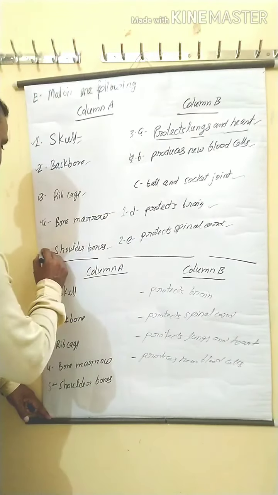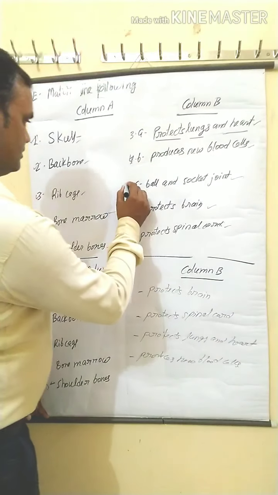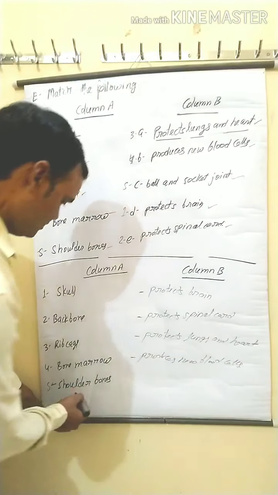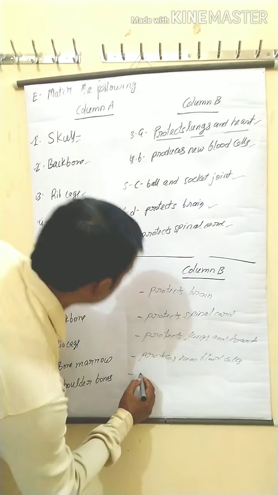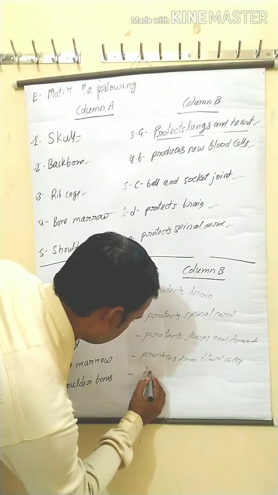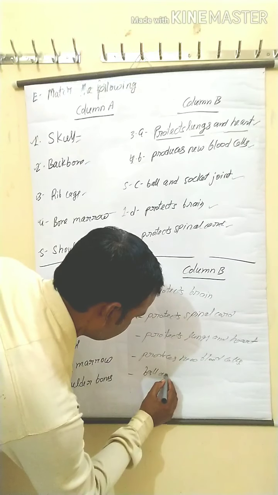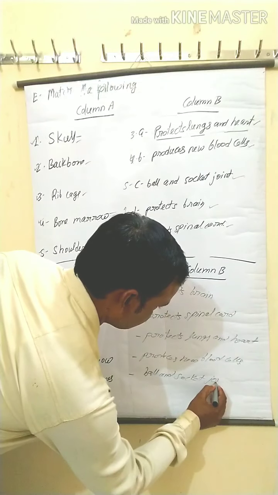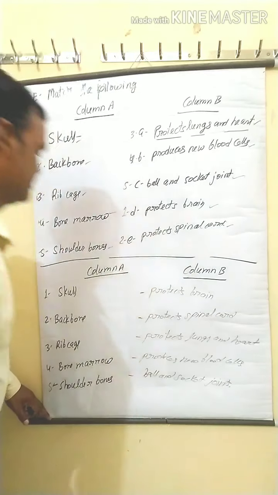And last here, shoulder bone. You know that shoulder bone has ball and socket joints. In front of shoulder bones, right, ball and socket joints.